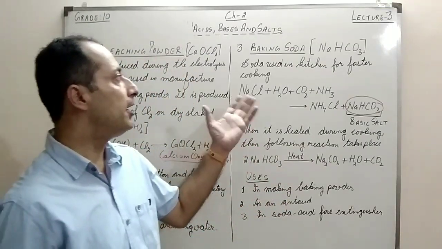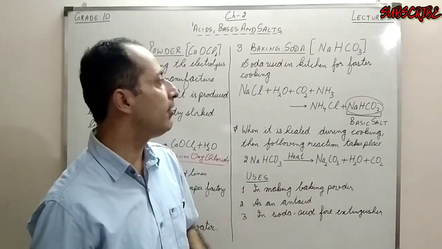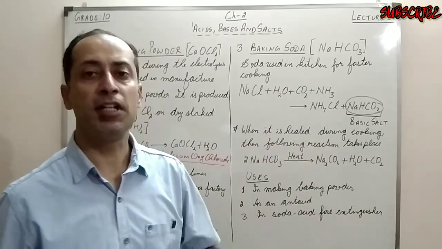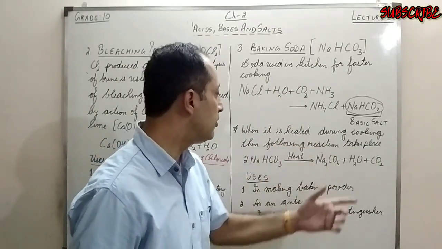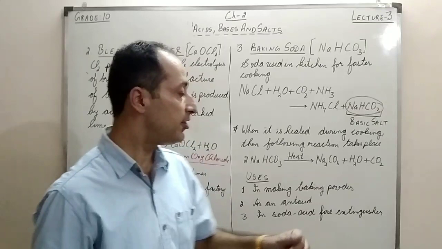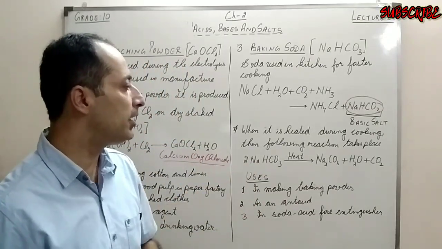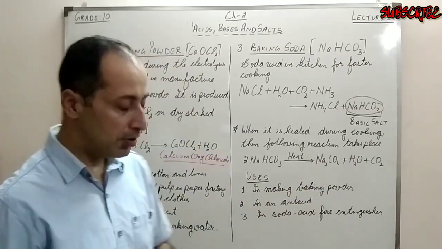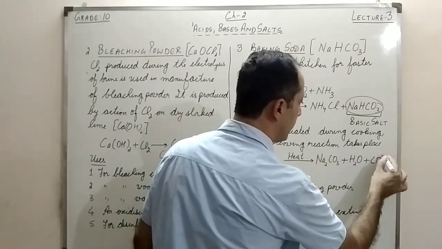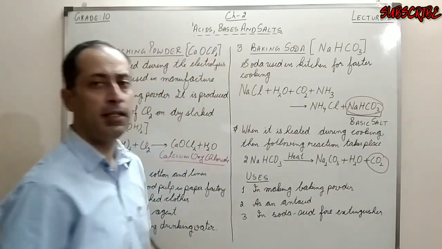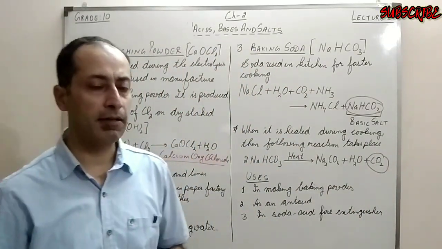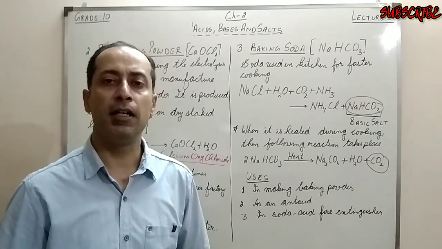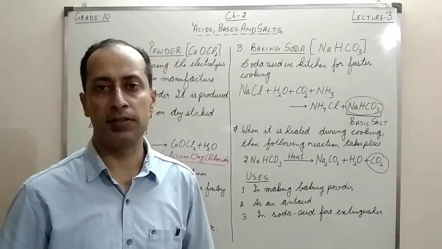Now the question comes, how does it help in faster cooking? Let's see what happens when baking soda is heated during cooking. The following reaction takes place: sodium hydrogen carbonate, when heated, forms Na2CO3 plus water and CO2. Now, this CO2 is important here. Why? Because when you were in grade 9, you must have learned about the greenhouse effect, and one of the main greenhouse gases is carbon dioxide.